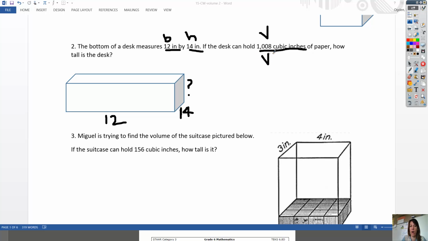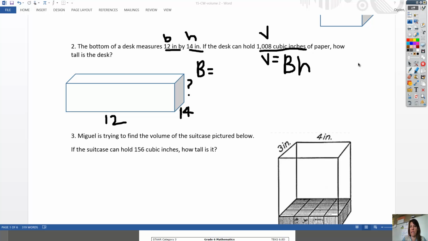The formula from my formula chart is volume equals big B times height, where big B is the area of my base. The base is a rectangle. If this is 12, then this is 12; if this is 14, then this is 14.